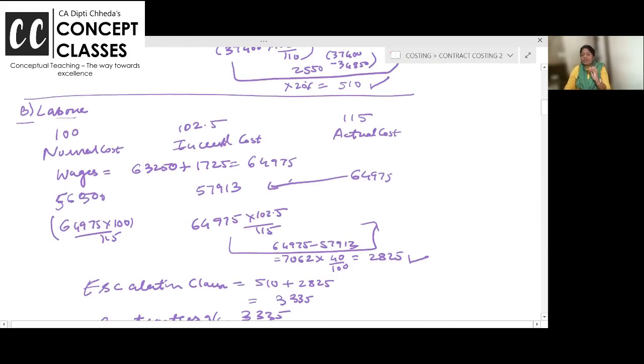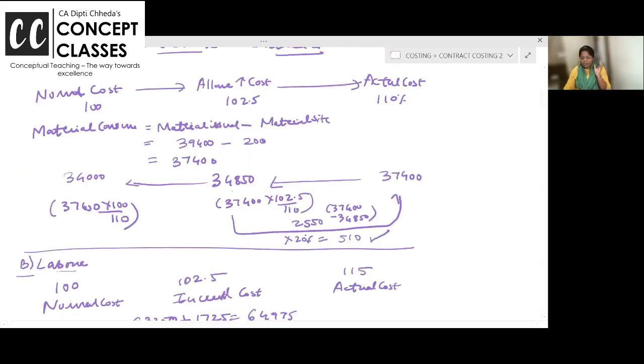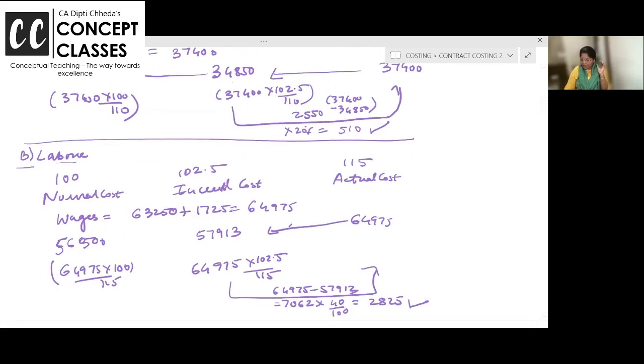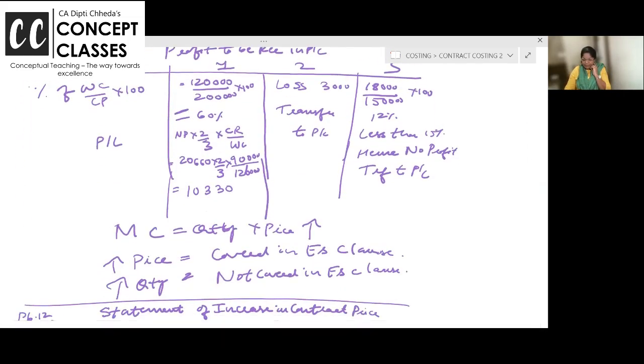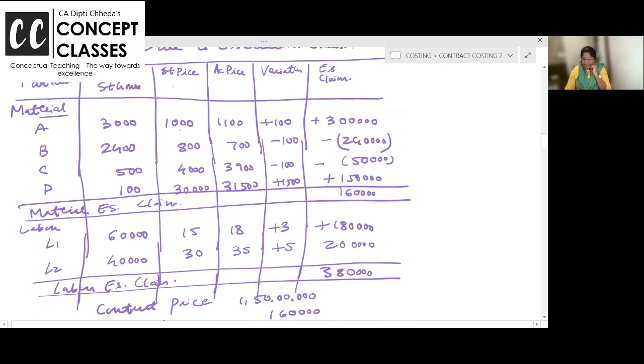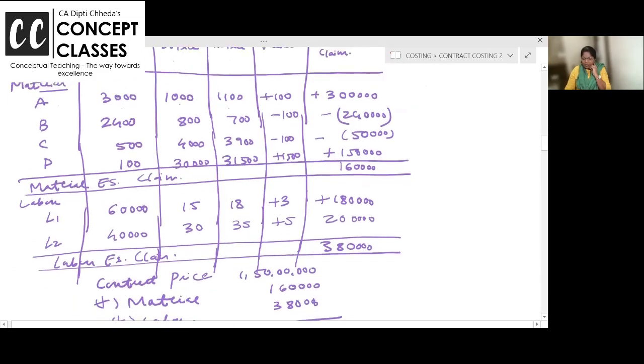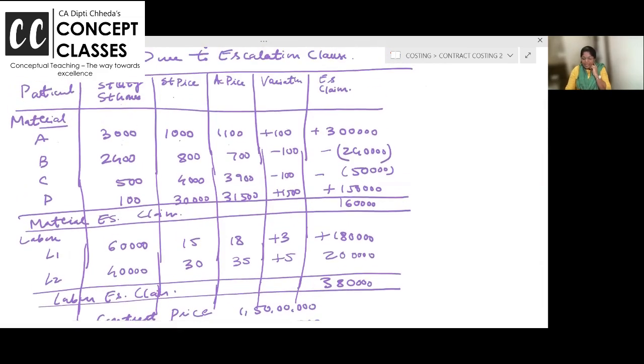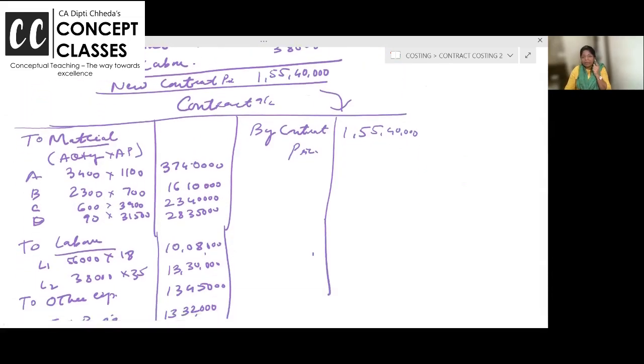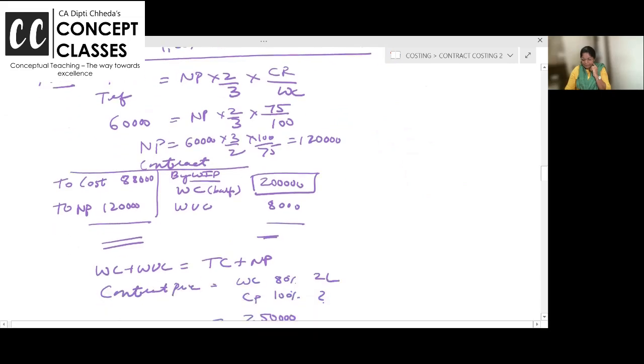Only escalation clause can be asked in exam, but I was satisfied yesterday because the way I worked material, you all were able to do the labor yesterday. Yes, and then we did this one more problem for escalation clause, standard quantity, standard price minus actual price. Okay, this will be the increase in the contract price which you should bear.